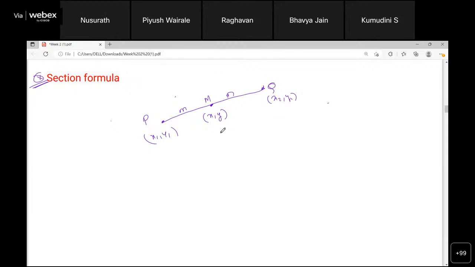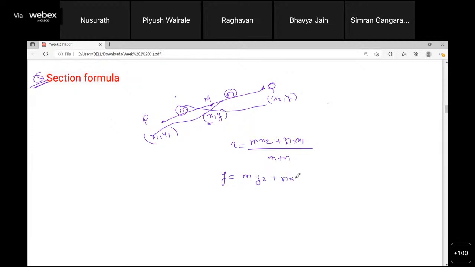So the formula is: if I want to find the x coordinate, what I will do is m into x2 plus n into x1 upon m plus n. Similarly for y, instead of x2 it will be y2, so m into y2 plus n into y1 upon m plus n.